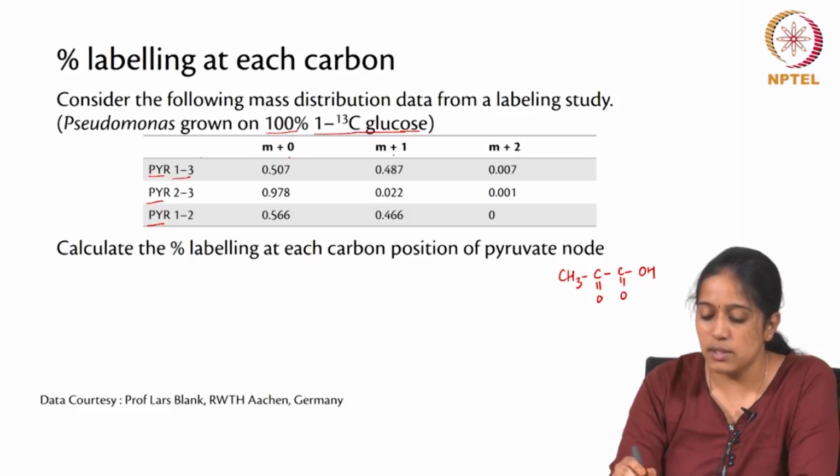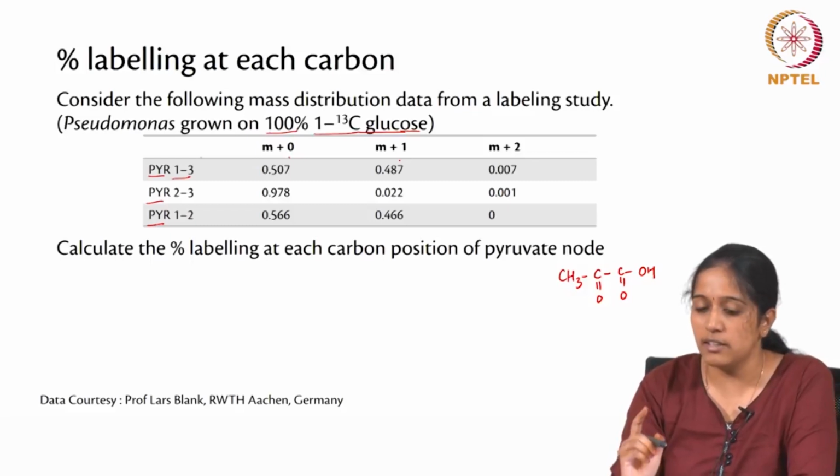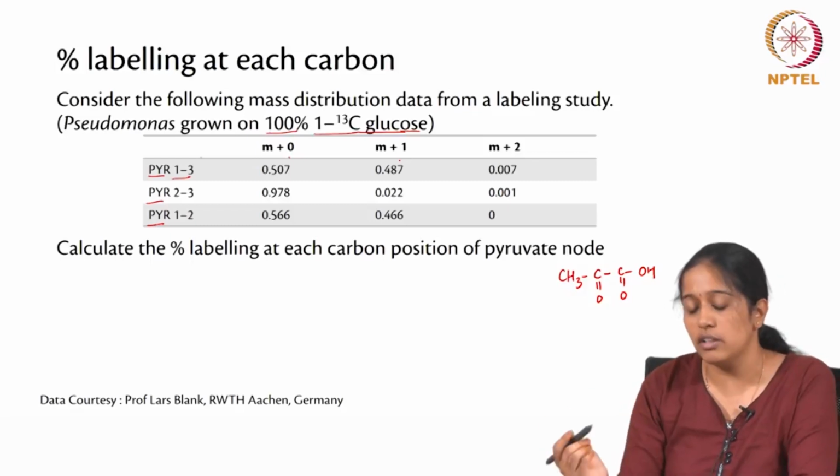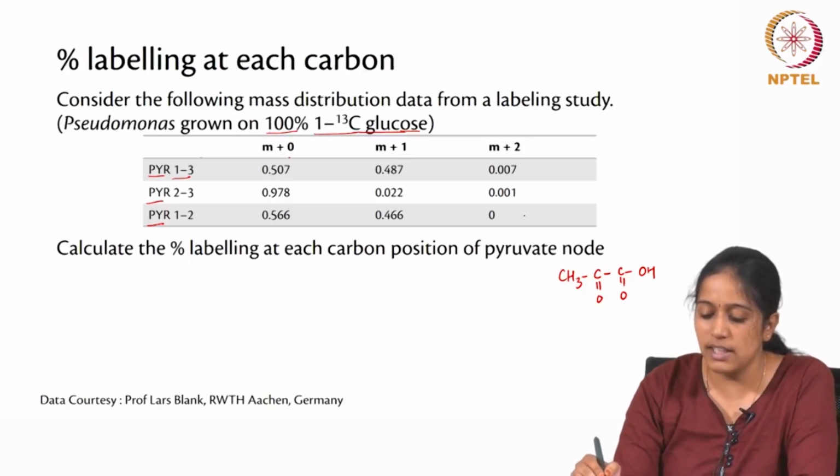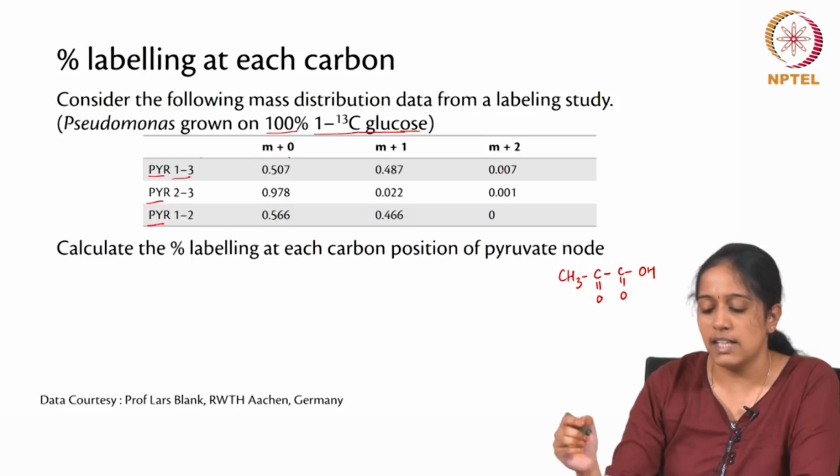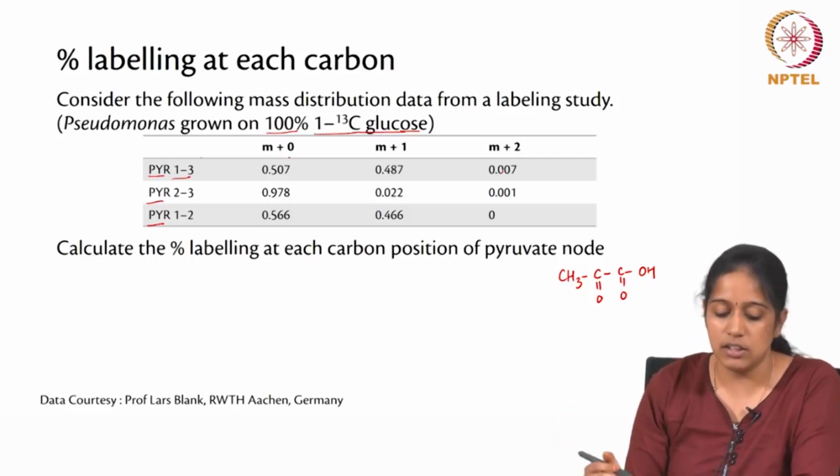And if I look at m plus 1 and m plus 2, m plus 1 talks about the pyruvate which has one carbon labeled, and this one could either be in the first position, second position, or in the third position. Similarly, m plus 2 can either be at the first and the second, second and the third, or the first and the third positions.